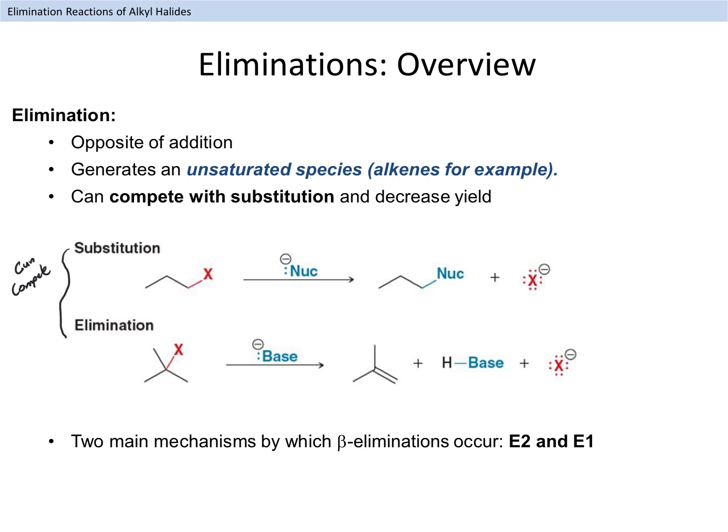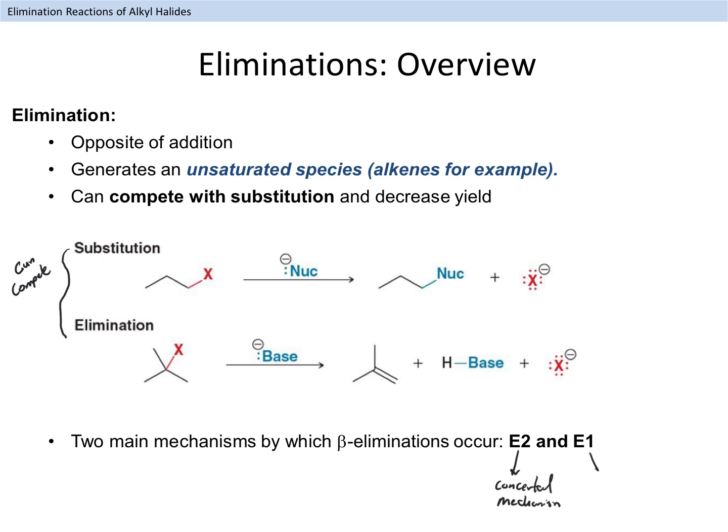Let's look at elimination reactions in more detail. There are two main mechanisms by which eliminations of alkyl halides occur: E2 and E1. E2, or bimolecular elimination, involves the simultaneous removal of a proton and a leaving group, with the reaction rate depending on the concentration of both the substrate and the base.